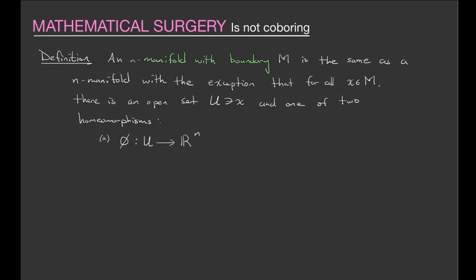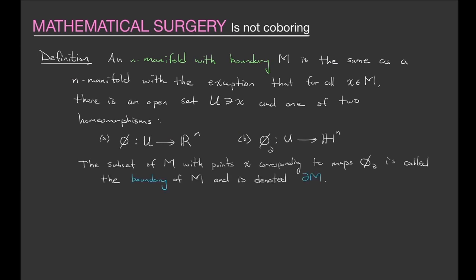The first one is exactly the same type as we had before, or we can have this new type where instead of going from the open set to Rn, we go from the open set to Hn, which is just like Rn, except for one of the axes, we cut out the negative numbers. If you take all the points where there is such a map fitting Hn, take all those together and we call those the boundary, denoting it with this notation here.